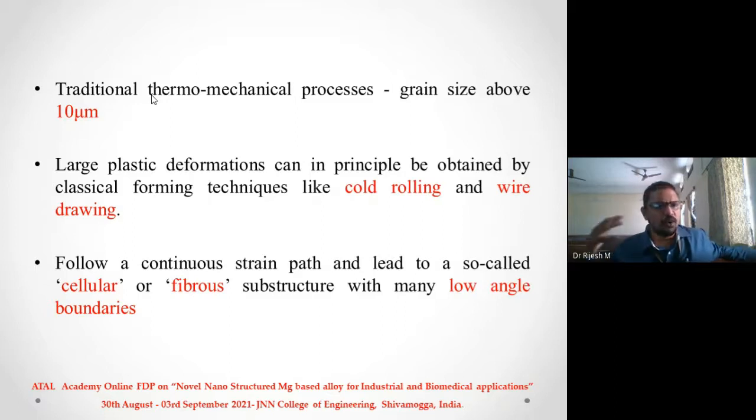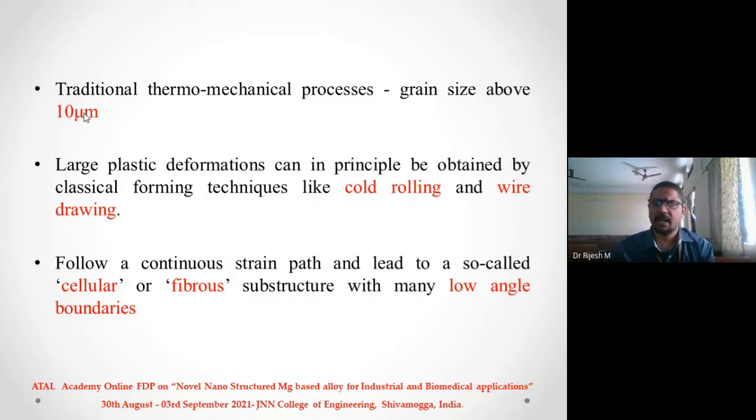And if you go for a traditional thermomechanical process, your grain size will always be more than 10 microns. It's so difficult for you to get the grain size less than 10 microns in the thermomechanical process. So in no time, you will have this recrystallization and growth. Because recrystallization temperature is that temperature at which all deformed grains turn out to be new strain-free grains in the span of 1 hour.